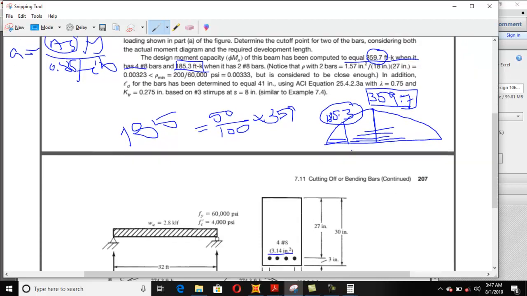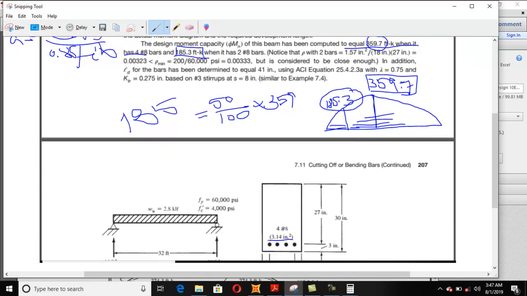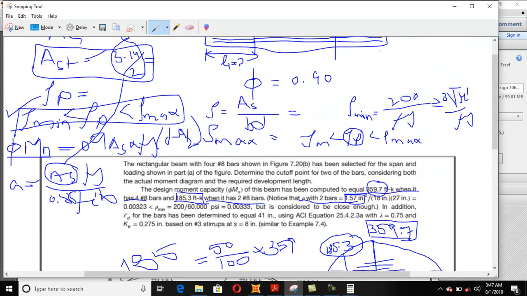So he checked that if you are providing two number add bars, now he calculates rho provided. Two number add bars give you 1.57, which comes out from 3.14 divided by 2.